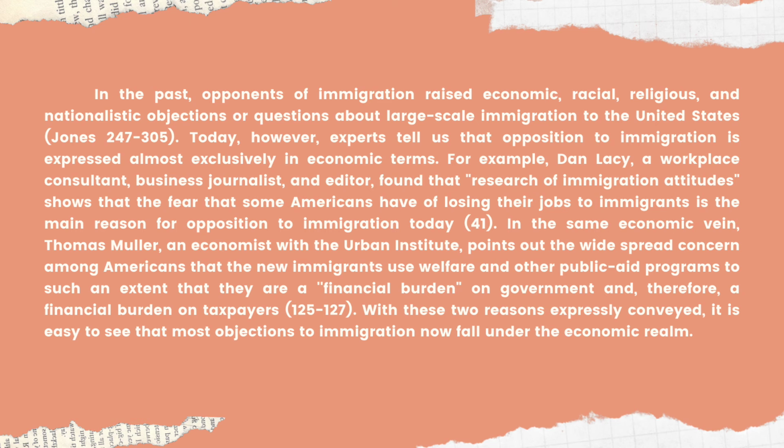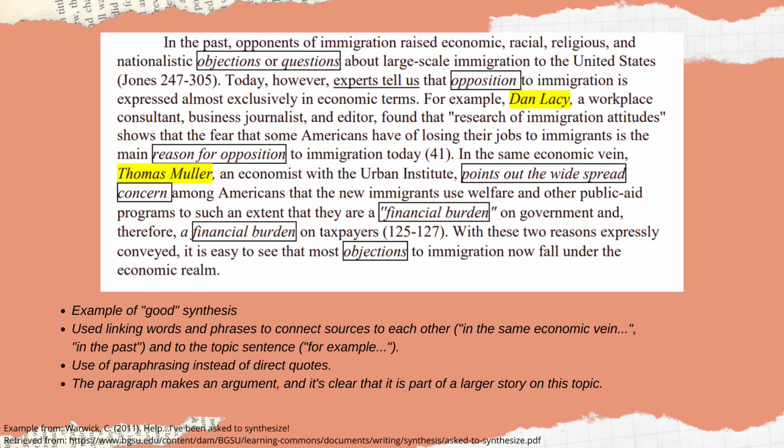With these two reasons expressly conveyed, it is easy to see that most objections to immigration now fall under the economic realm. As you can see, the phrase experts tell us shows that the author is combining the ideas of experts about opposition to immigration and then giving us examples.